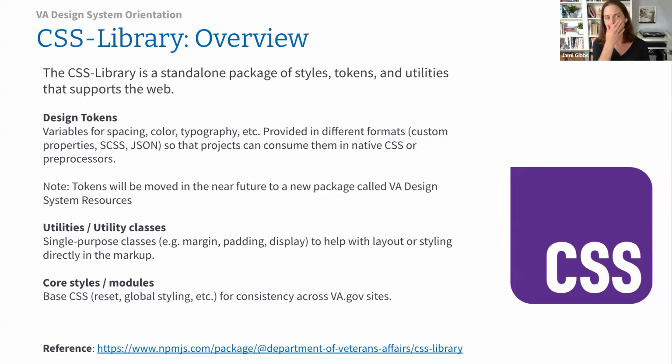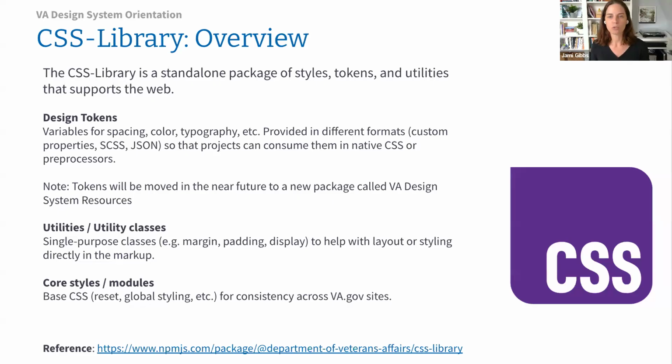The design tokens, so these are variables that are for spacing, color, typography, and the CSS library offers them at the moment in different formats. So the tokens can be used as custom properties. They can be imported as an SCSS file, so you can use Sass variables. And there's also a JSON format, which has been useful in other projects to be able to use as needed.